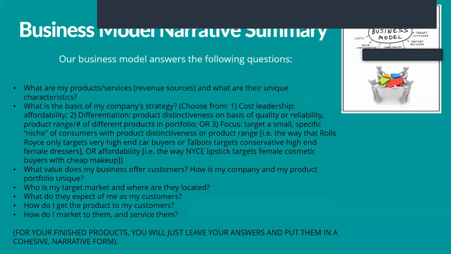Do I have a product that's going to solve eczema or some other skin condition needs, etc.? So you need to think about what is the specific value that your business offers customers, and then you want to articulate that in narrative form in a couple of sentences.